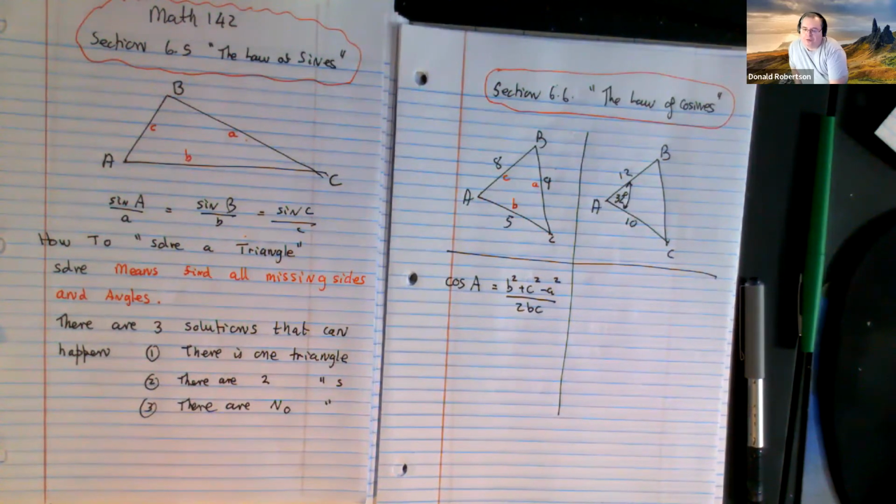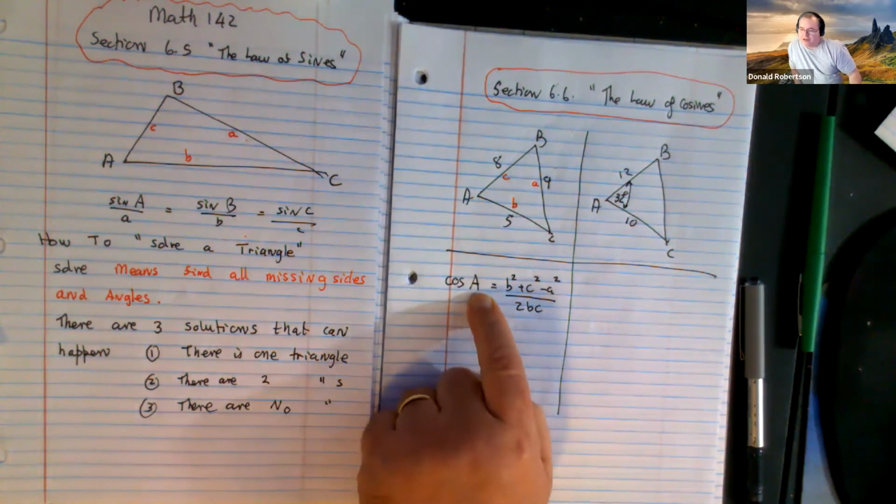The good news about the law of cosines is that you typically only have one answer, so you don't need to worry about there being two triangles, right? Now you might say, but that formula is only going to be helpful if I want to find angle A, right?